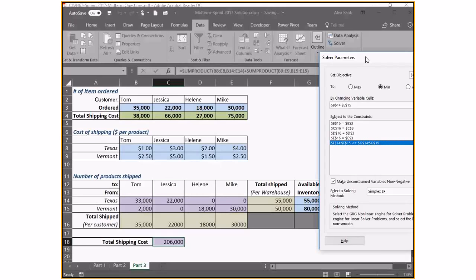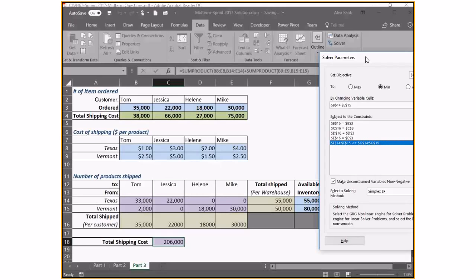This is the kind of audit. You need to make sure that the total being shipped has to equal to that. Otherwise, solver is going to try to put as small a value there as possible if you don't do that. That'll try to change.